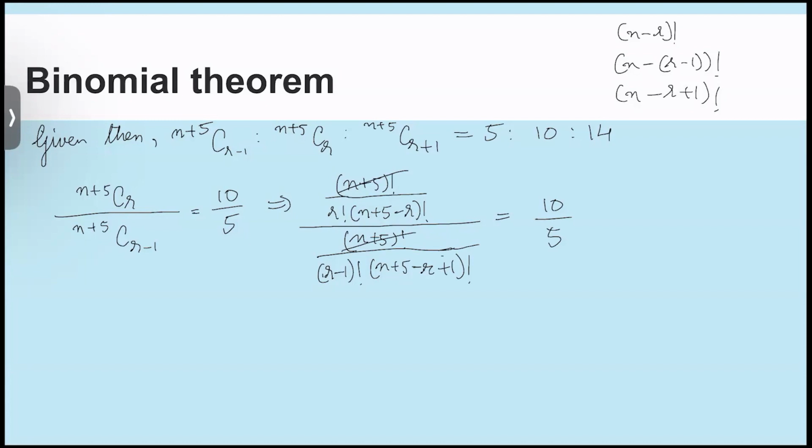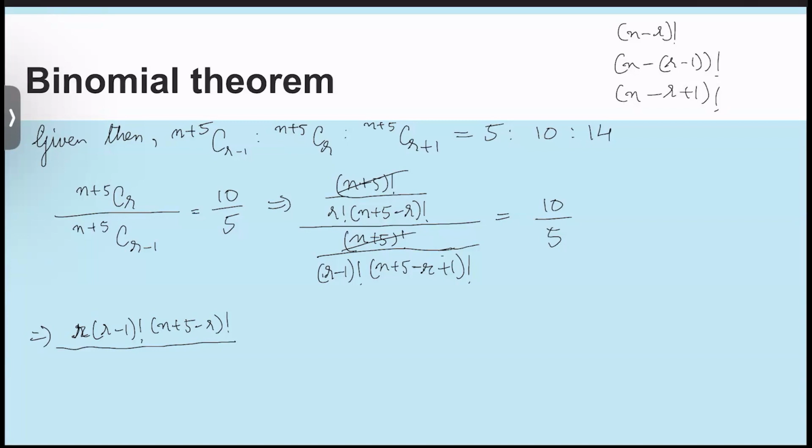Okay, and r factorial you can actually write as r into r minus 1 factorial, multiplied by n plus 5 minus r factorial, divided by, actually this would be 1 divided by... you have cancelled out n plus 5 factorial, and the next would be r minus 1 factorial, and you keep this as it is over here, so you have n plus 5 minus r plus 1 factorial.